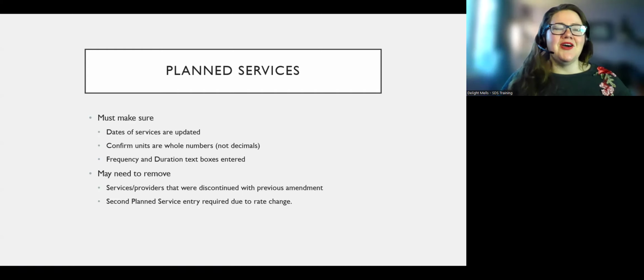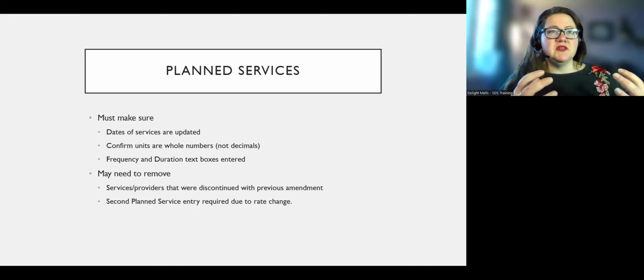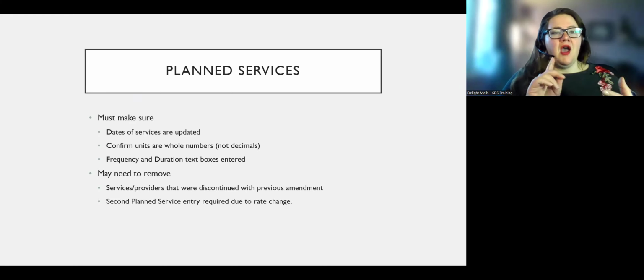So you'll want to clear those. And then for the frequency and duration text boxes within each plan service, they all copy over, but sometimes you have to adjust those because of how the planning team is working and making sure that everybody's on the same page on how often the service is delivered and for how long. So you'll want to make sure that those are updated as well.